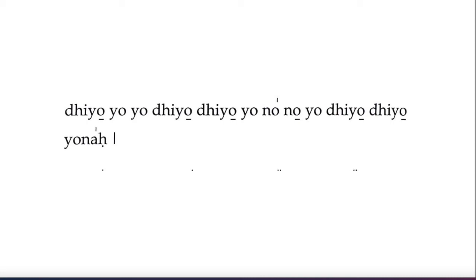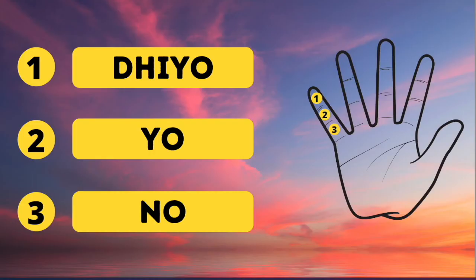We have Diyo, Yo, Yo, Diyo, Diyo, Yo, No, No, Yo, Diyo, Diyo, Yo, Naha. What's important is not to get confused with Diyo and Yo. So one word is Diyo, which is number 1, number 2 is Yo, and number 3 is No.